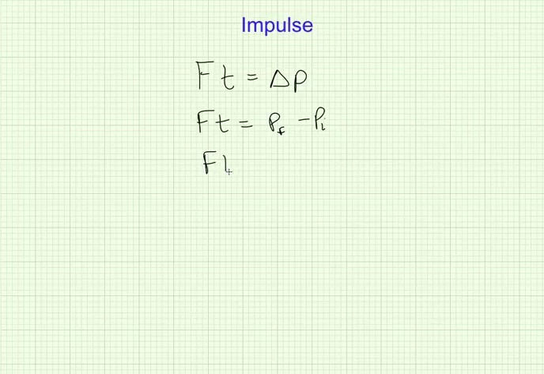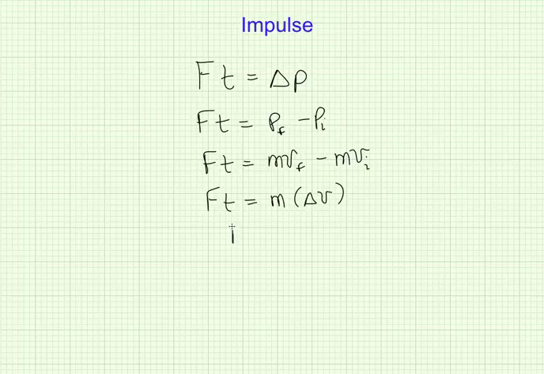And I know that momentum equals mv. And for almost all cases, the mass of the object is going to stay the same. The velocity is going to be what's changing. So what I could do is factor out the mass, which gives me the change in velocity, v final minus v initial.